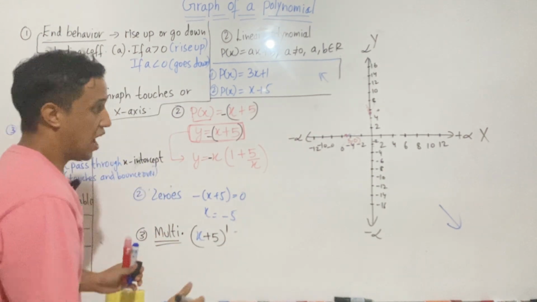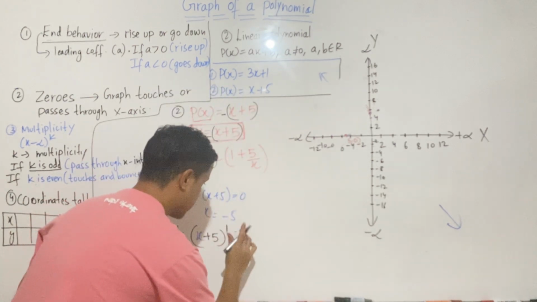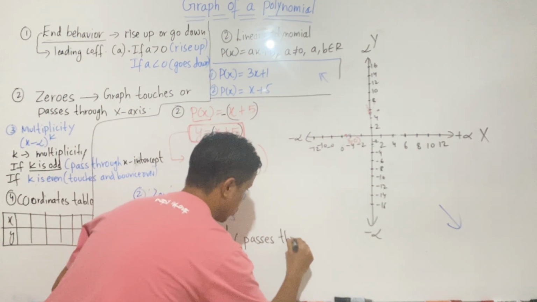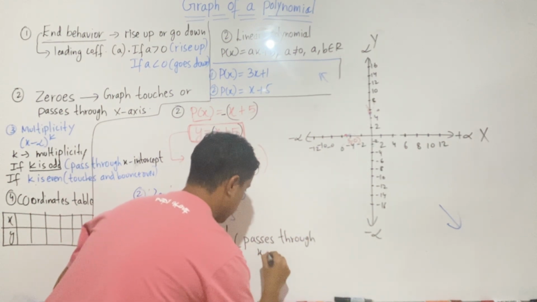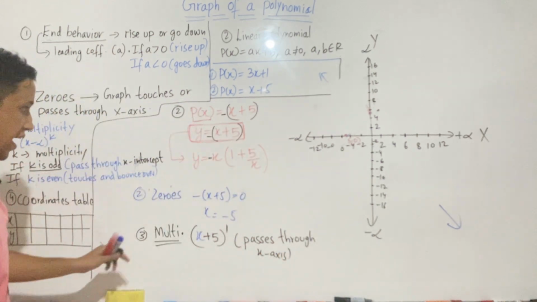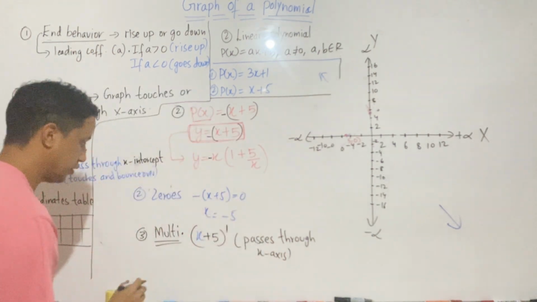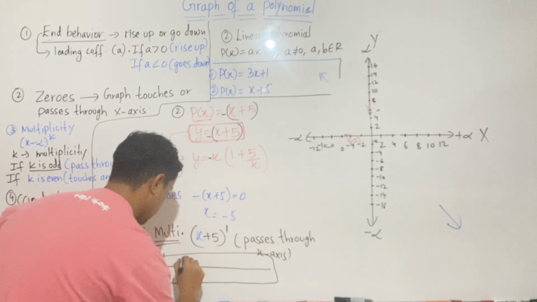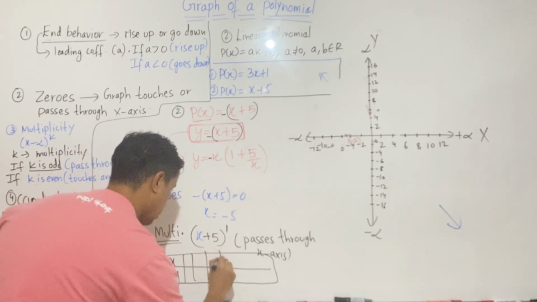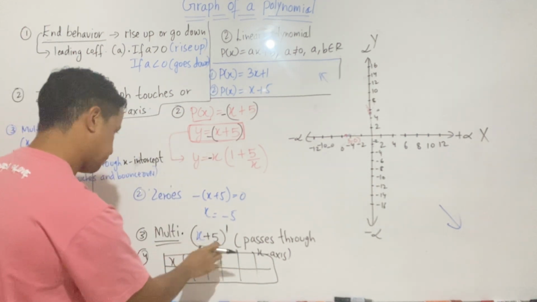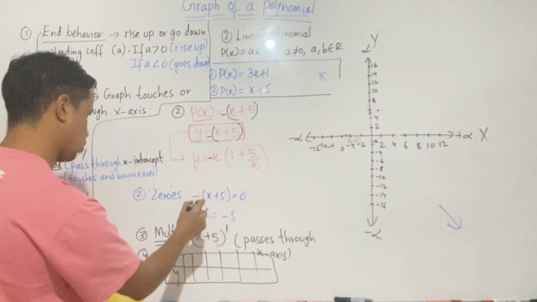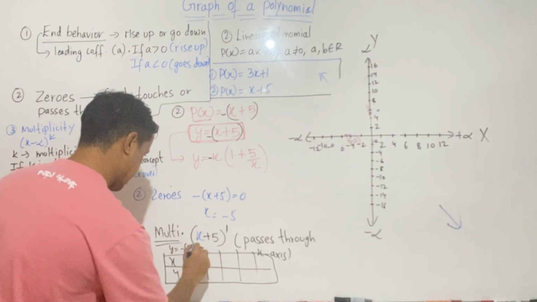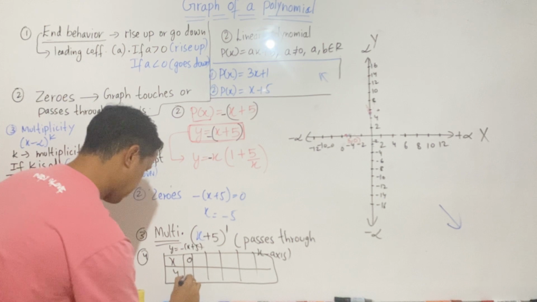Here the multiplicity 1 means it passes through the x axis, okay? And number 4, coordinate table, x, y. So y is equal to minus x plus 5, okay? If x is 0, y is minus 5.